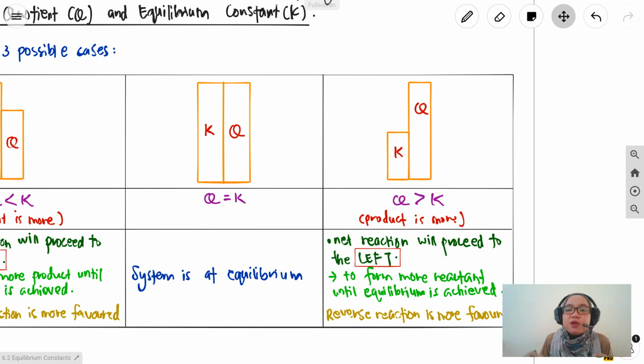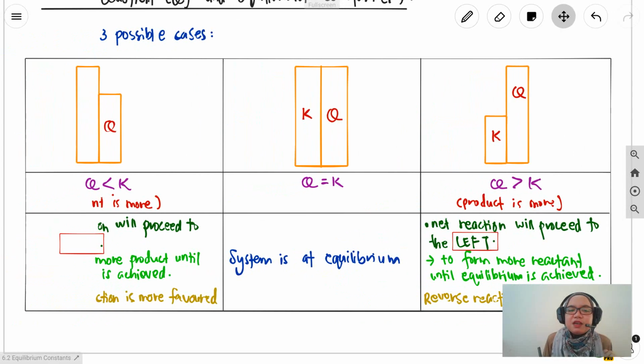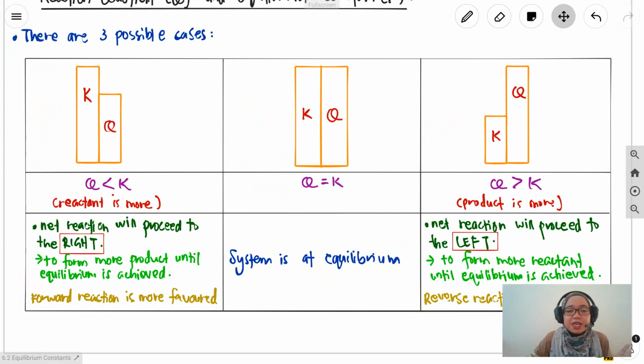So remember that when Q is larger than K, the reaction will always proceed to the left, will always form reactant. So the reverse reaction is more favoured. So these are the three cases for us to predict the direction of net reaction, to the left or to the right, by comparing the value of reaction quotient Q and the equilibrium constant K.